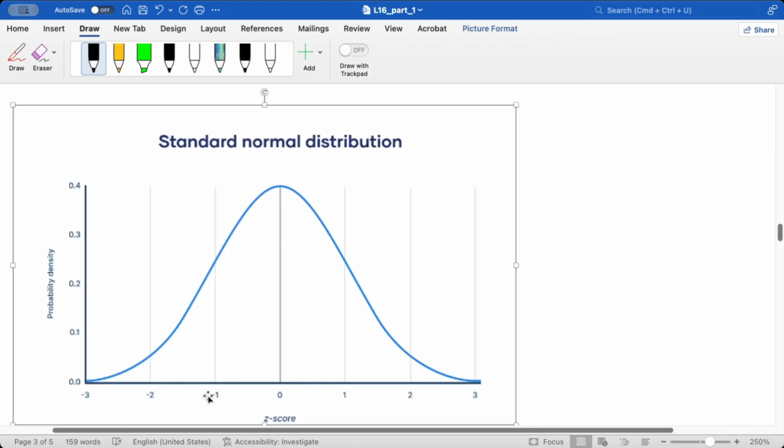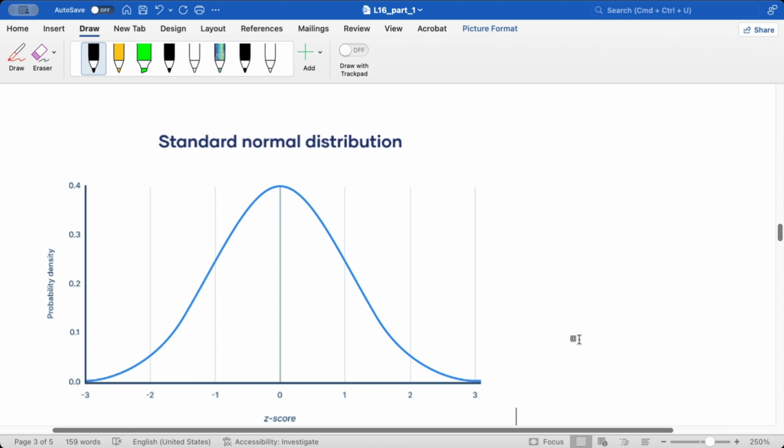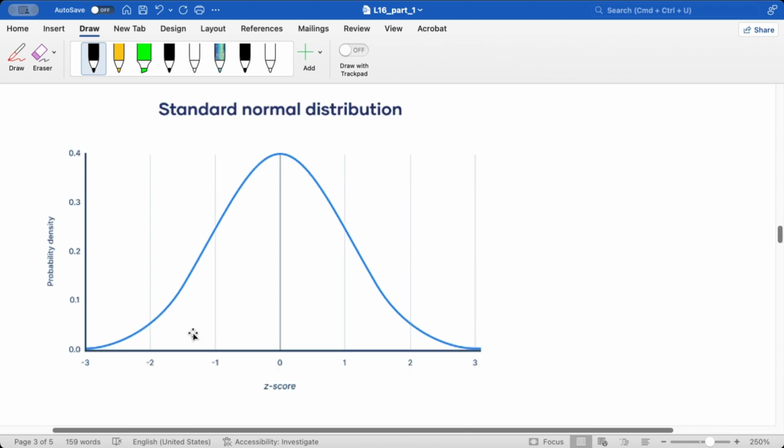So this is the graph here for the standard normal, mean 0, standard deviation 1. So notice it's bell-shaped, it's symmetric, the mean, the median, the mode, all the same here. Mean is 0. And it looks like a bell.